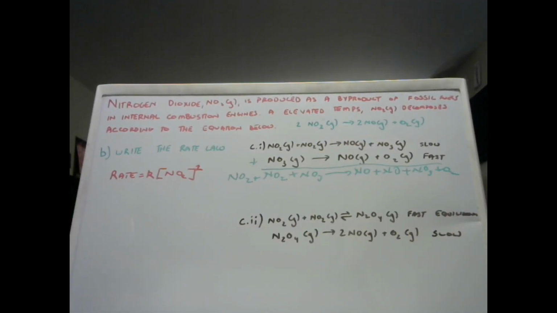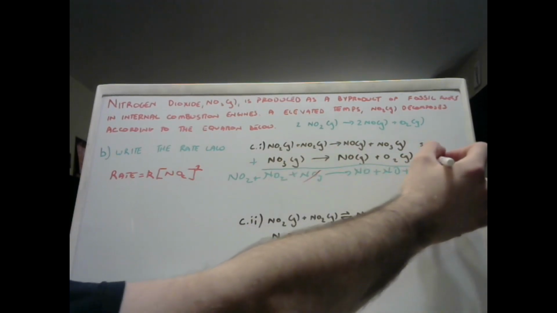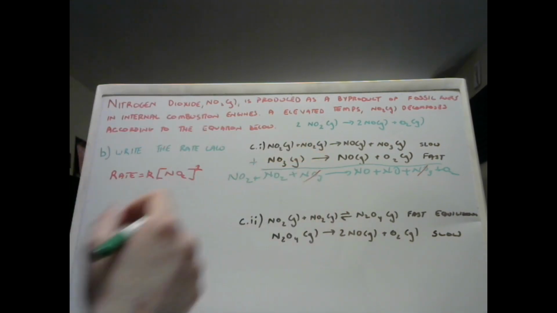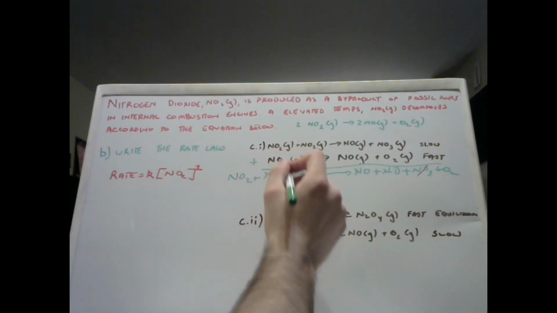Then combine like terms and cancel out anything that shows up on both sides. So for instance, NO3 shows up here and NO3 shows up there, so it cancels out. That would be your intermediate, something that only occurs during the reaction. It isn't actually present for the complete reaction.